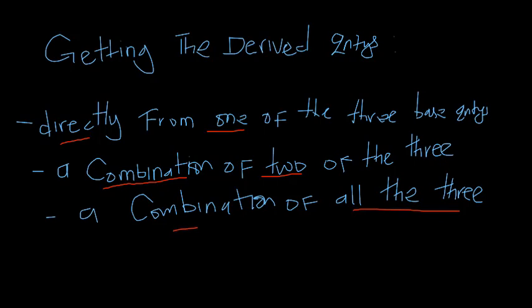So you can have a derived quantity that is derived from all the three fundamental quantities: mass, time, and length, all three combined. All right, so let me show you how these three rules apply.